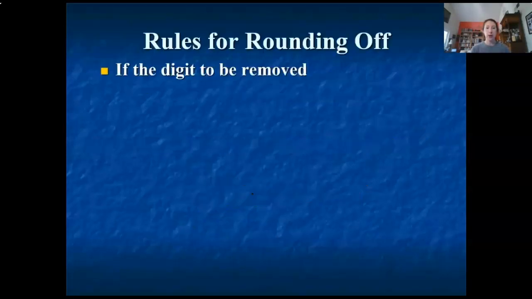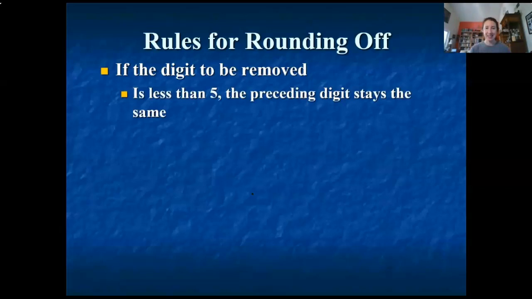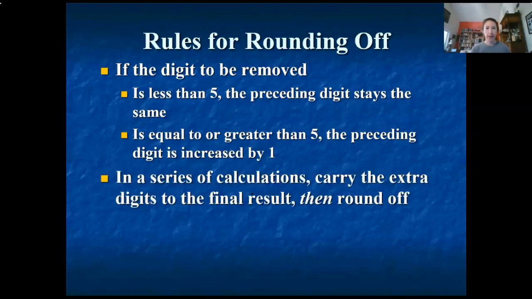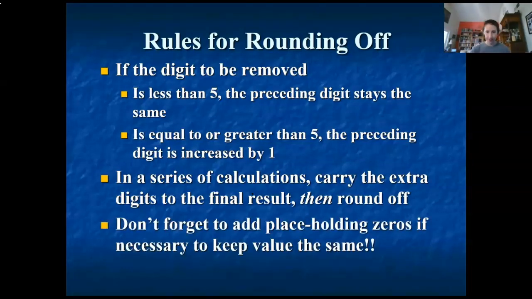Okay, now rounding, just to review, so we're all on the same page. If the digit to be removed is less than 5, leave the preceding digit alone. If it's greater than 5, round up. This is a very important piece right here. In a series of calculations, you carry the extra digits all the way to the end and then you round.